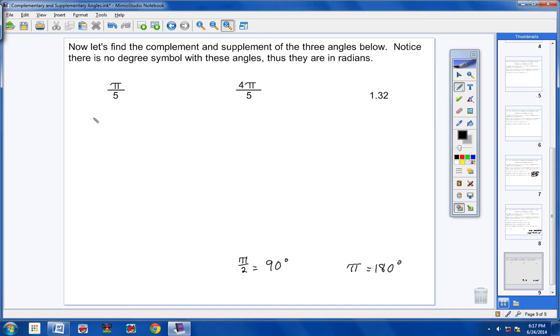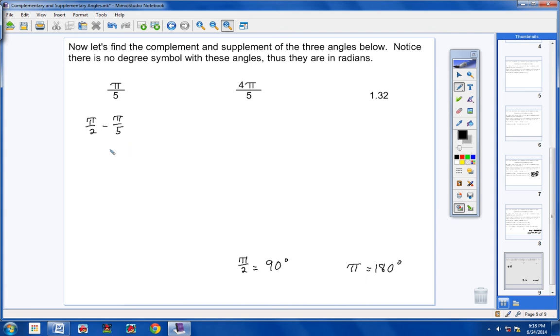So what we're going to do is take 90, which is pi over 2, right? Remember, 90 degrees is the same thing as pi over 2. So I'm going to take pi over 2 and subtract pi over 5. If I were you, I would use the fraction button on your calculator. By now, you're taking a pre-calculus class. You should know where your ABC button or fraction button is on your calculator.